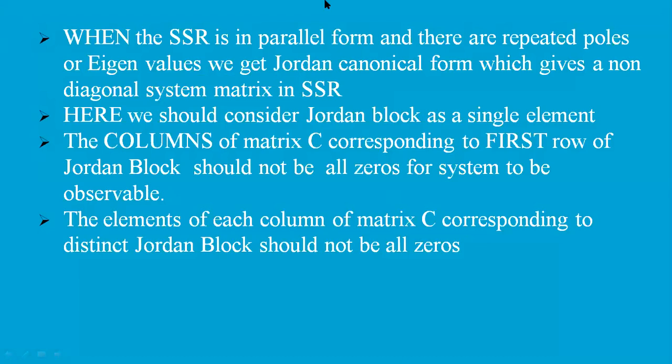The column of matrix C corresponding to the first row of the Jordan block should not be all zeros for the system to be observable. Similarly, the elements of each column of matrix C corresponding to distinct Jordan blocks should not be all zeros. We will understand this again through examples.